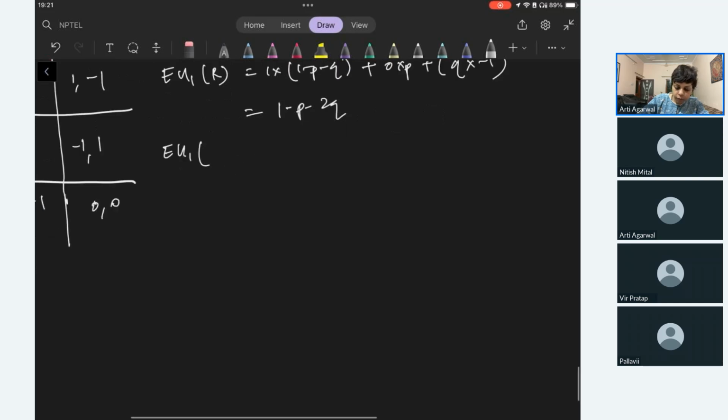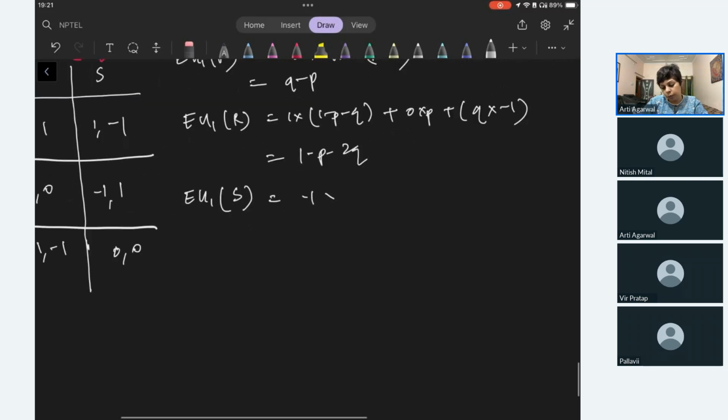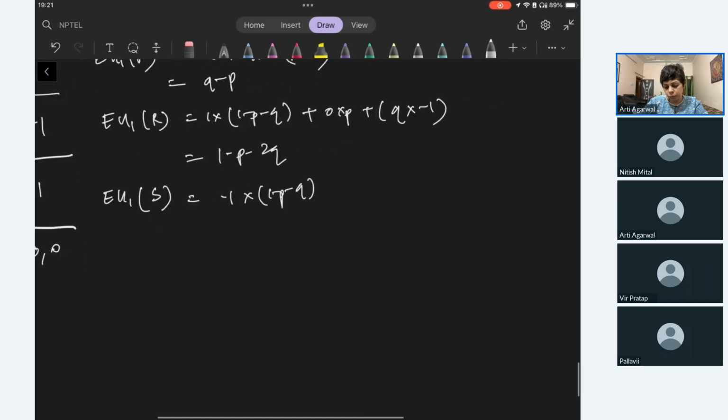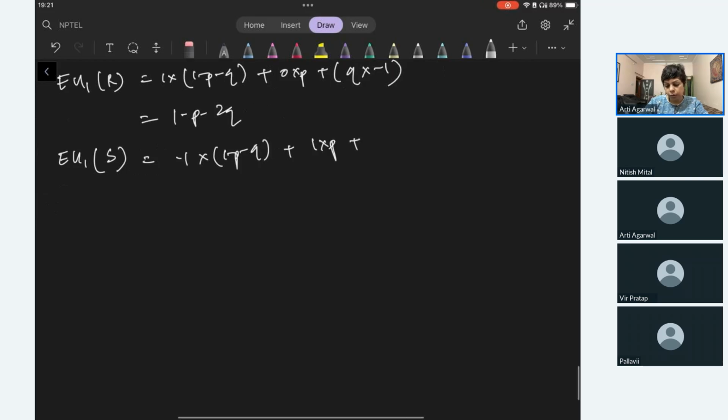EU1 for scissors now. This is minus 1 payoff into 1 minus P minus Q, plus 1 payoff into P, plus 0 payoff into Q. And this gives me 2P plus Q minus 1. Am I right?